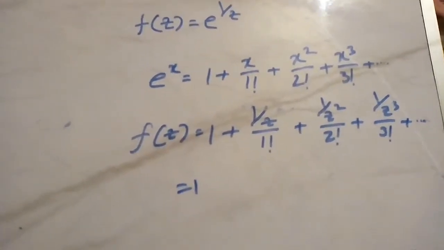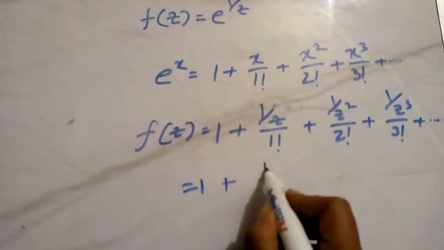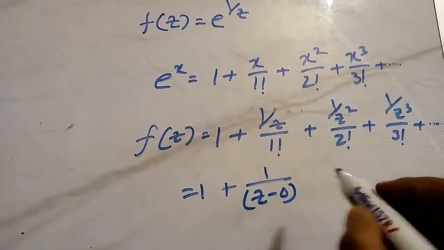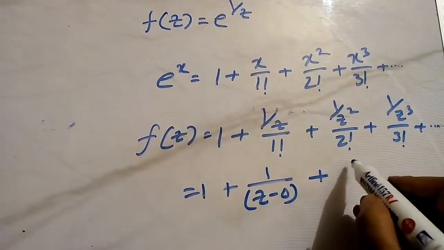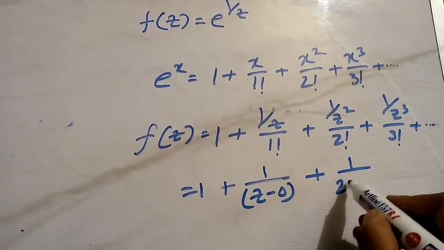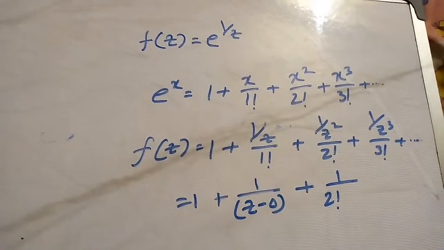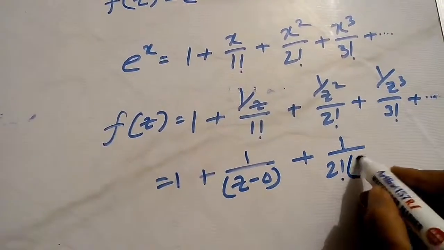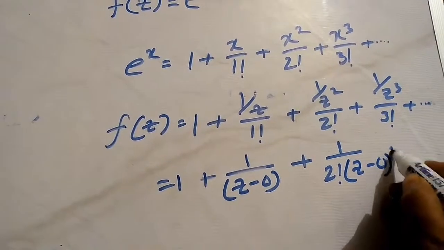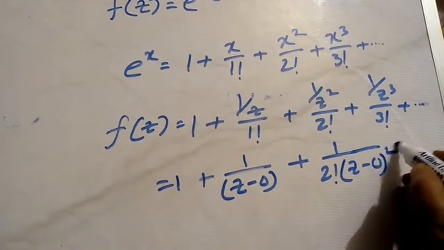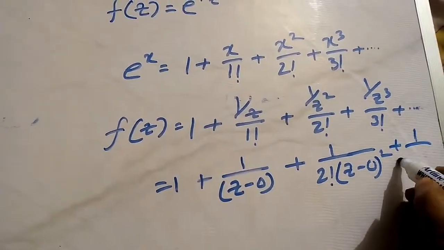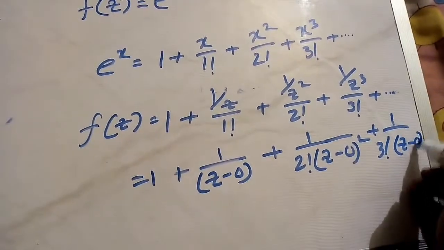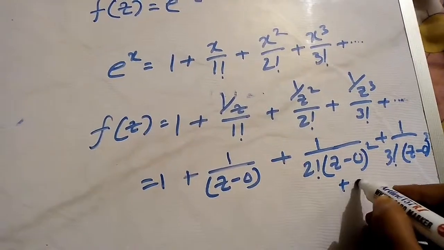Then we can write 1 plus 1 by z minus 0, plus 1 by 2 factorial z minus 0 whole square, plus 1 by 3 factorial z minus 0 whole cube, plus dot dot dot.